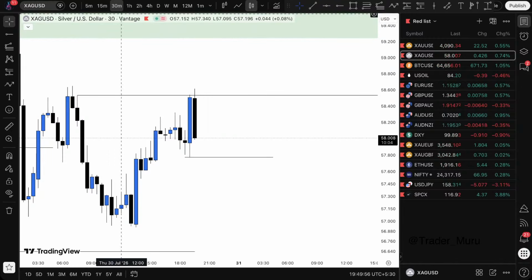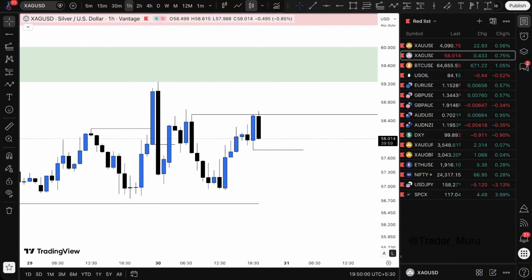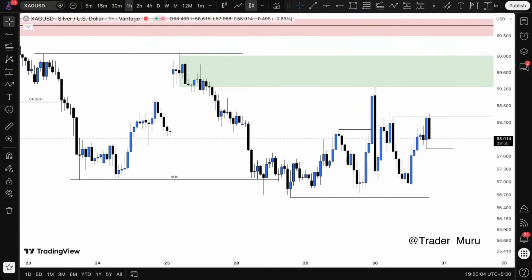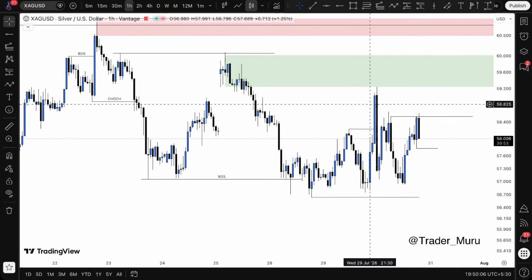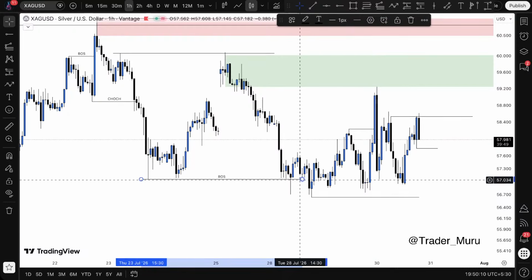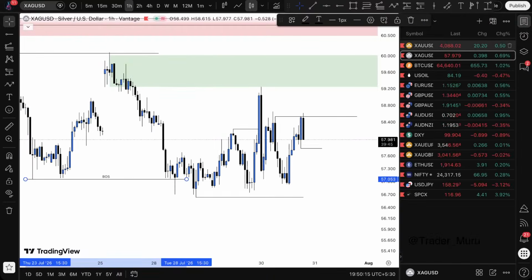Silver is much clearer. Look how much silver dropped yesterday. Almost hit its final target. See? And look at the drop of gold.